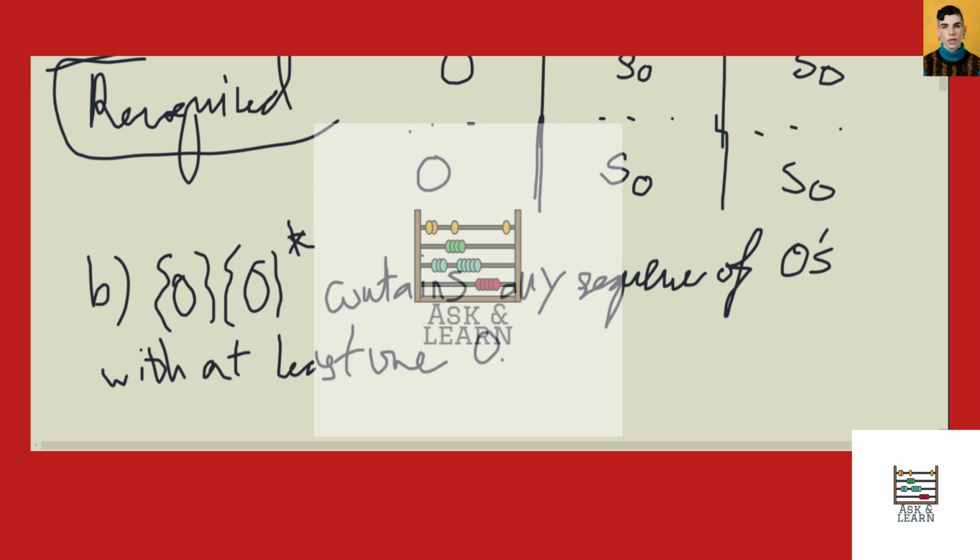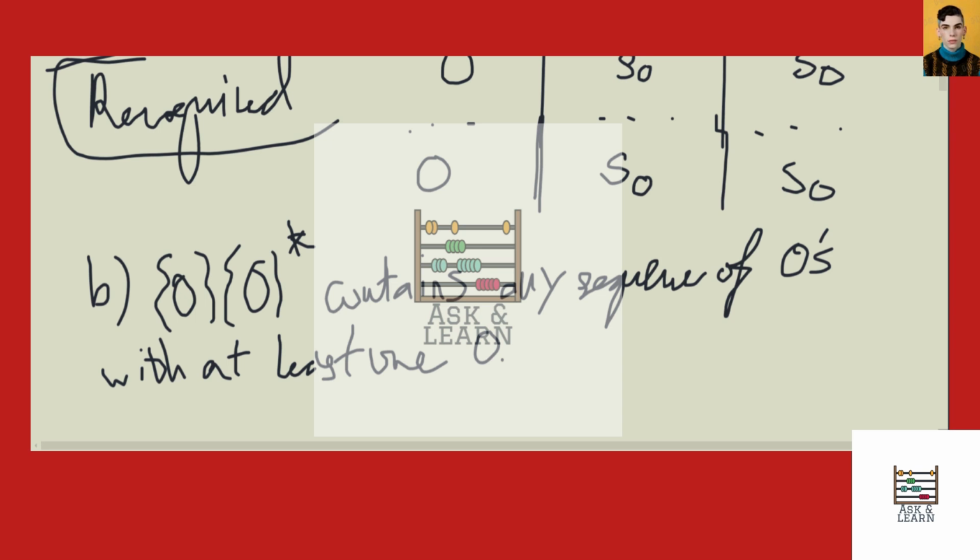So what makes this different than the previous part is that in the previous part we could have an empty string. Now, this is almost identical to the previous part, except that now we're not considering the case where there's an empty string.